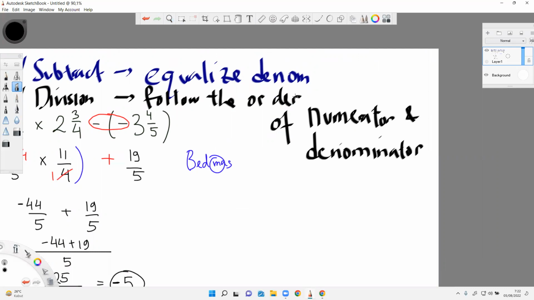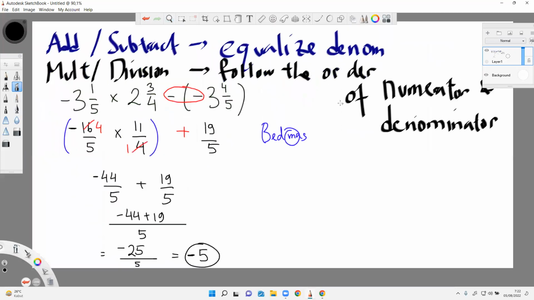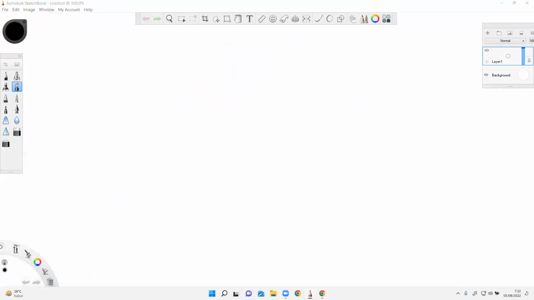Okay, that is the way you add, subtract, multiply, divide the fraction. Okay. Any questions so far? No? Okay, continue.